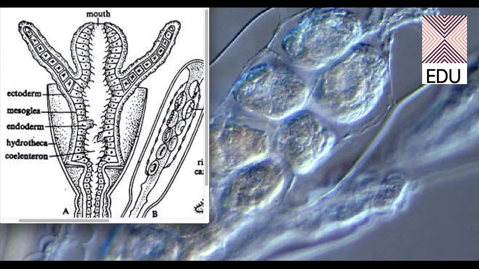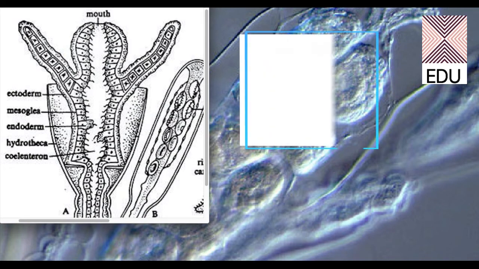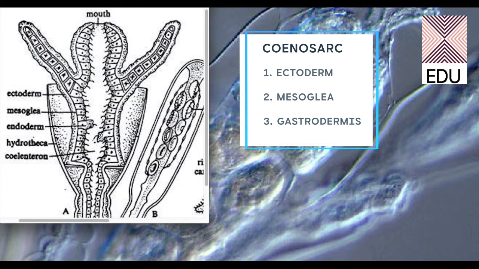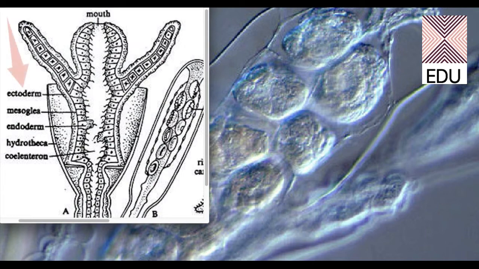Secondly, the inside layer is called the coenosarc, which is further divided into three layers. The outermost layer of the coenosarc is the ectoderm, and the ectodermal cells have muscular properties. The second layer of the coenosarc is the mesoglea.